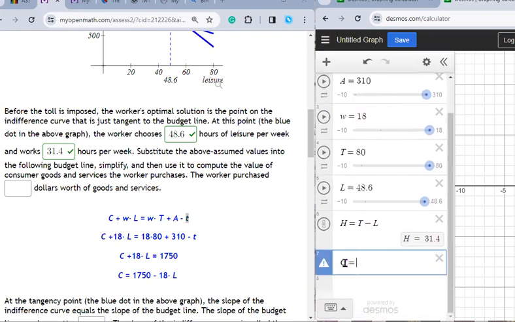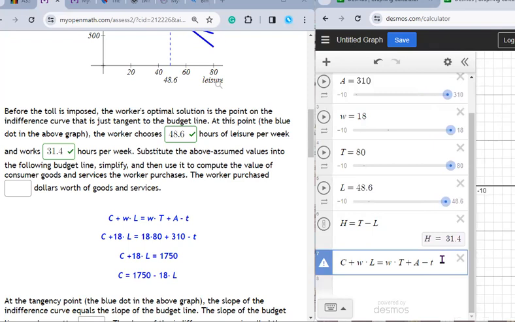Okay, so the budget constraint starts out at W times L, and then that equals W times capital T plus the allowance minus the fixed toll each week. Now I want to solve this for C. So all I have to do to solve this for C is to subtract this from both sides of the equation.